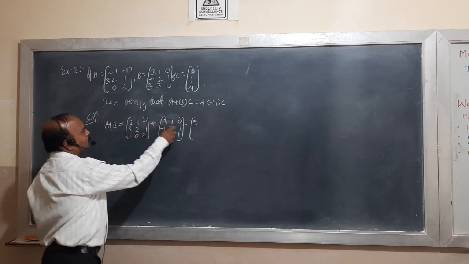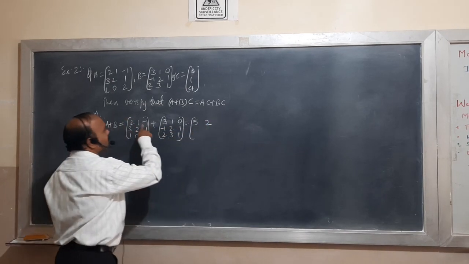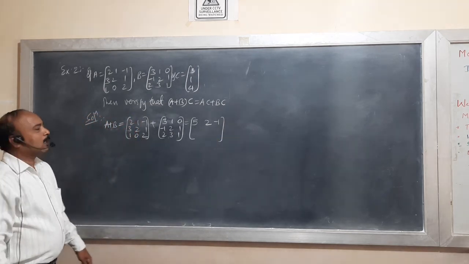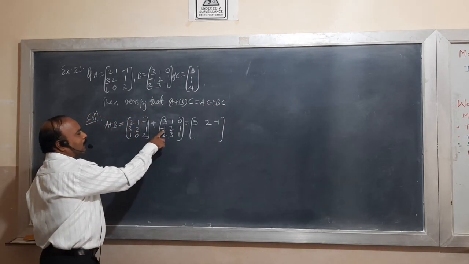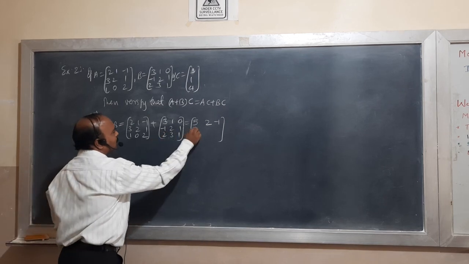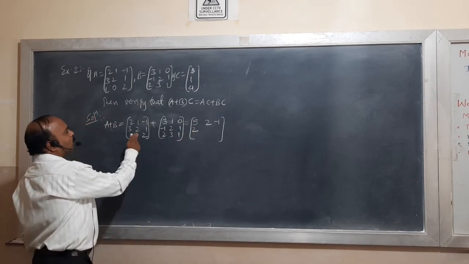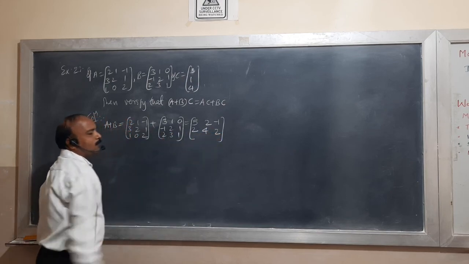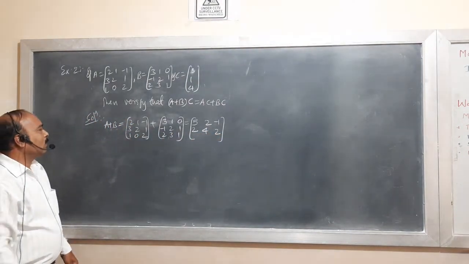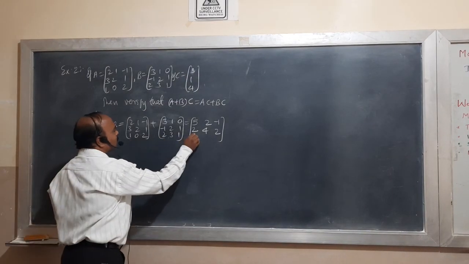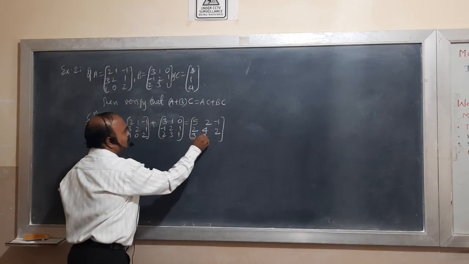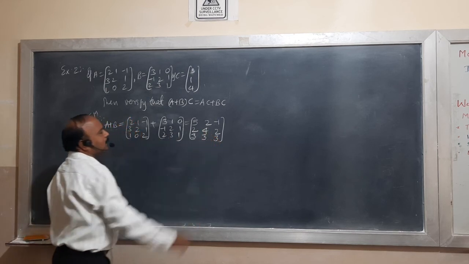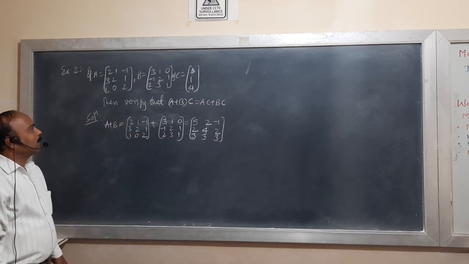Next 1 plus 1 is 2, minus 1 plus 0 is minus 1. Next second row, 3 plus minus 1, that is 3 minus 1, it is 2. 2 plus 2 is 4, 1 plus 1 is 2. Next go for third row, 1 plus 2 is 3, 0 plus 3 is 3, and 2 plus 1 is 3. It is the third row, and this is the value of A plus B.